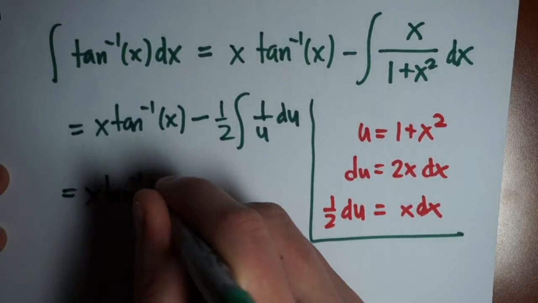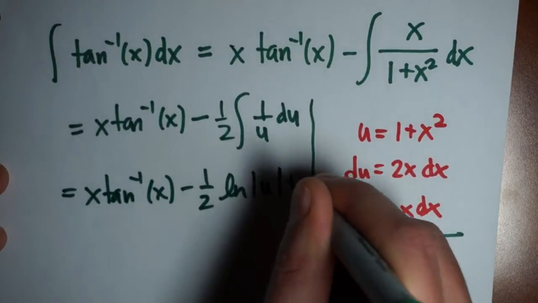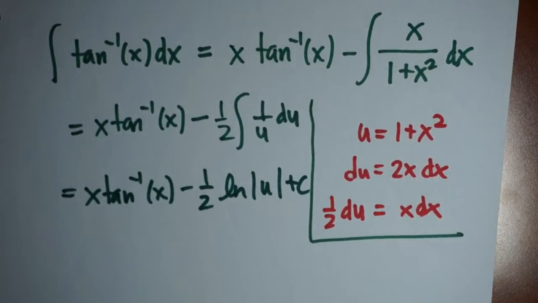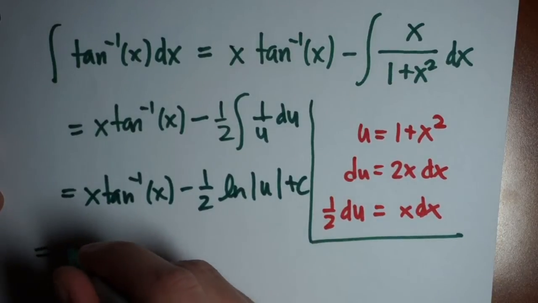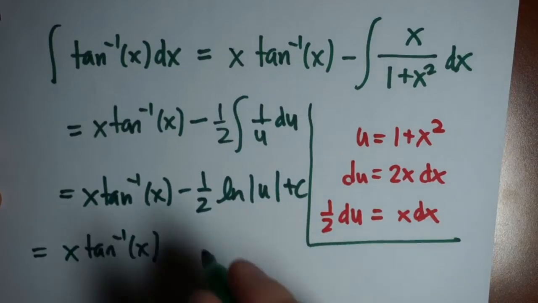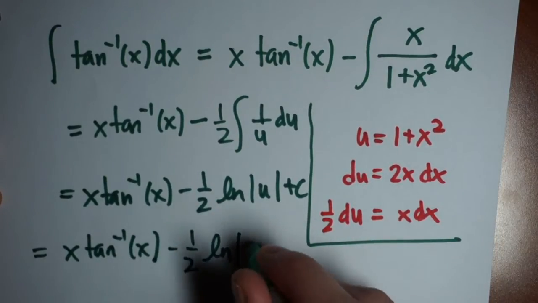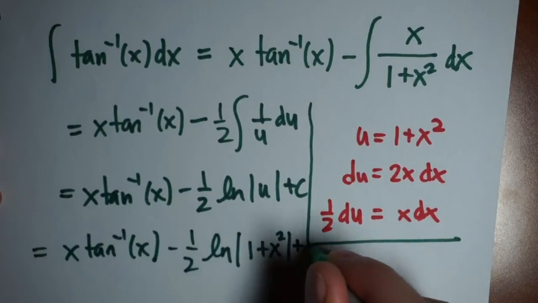I have x times the tangent inverse of x minus a half, and this gives me a natural log of the absolute value of u, plus the constant c. Substituting back in, my antiderivative is x tan inverse of x minus a half times the natural log of u, which was 1 plus x squared, plus the constant c.